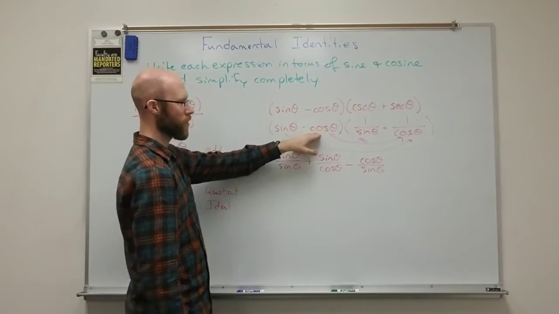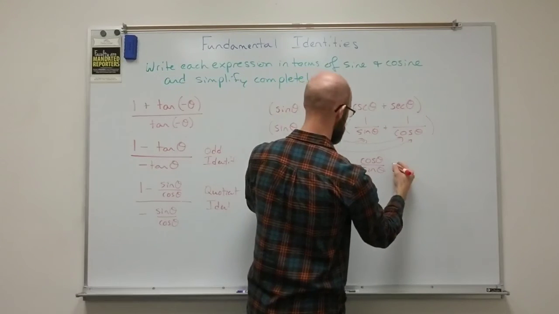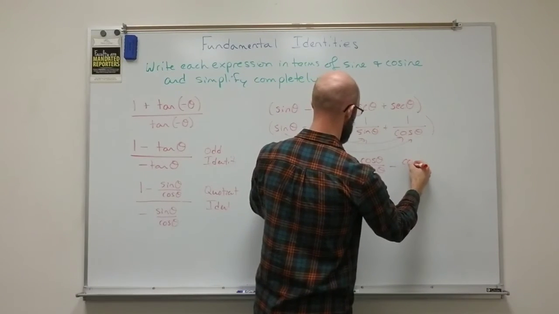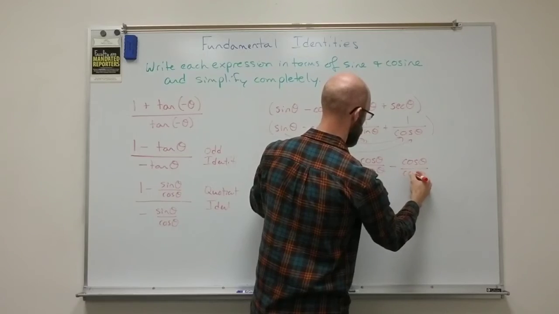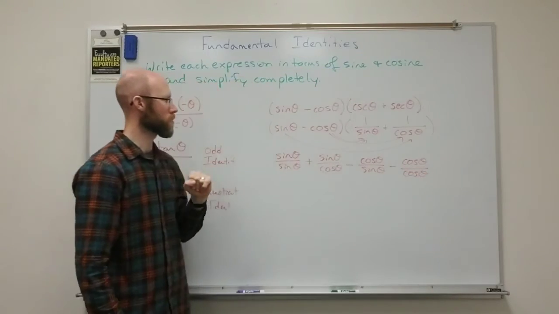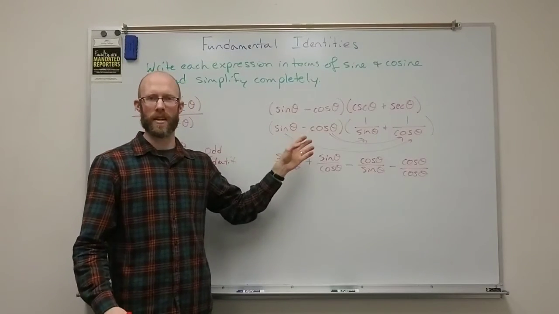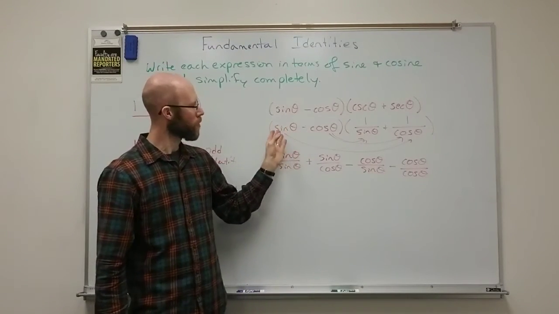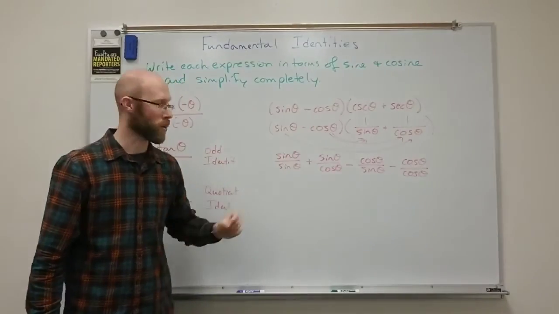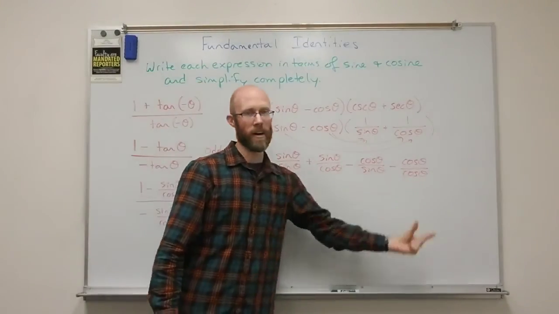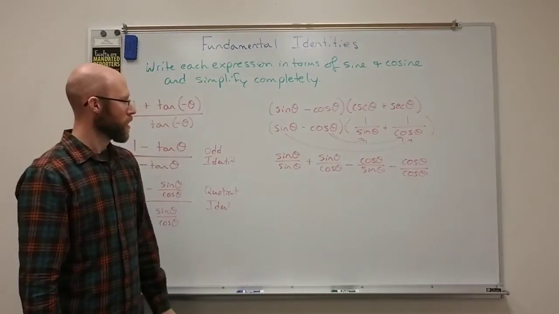And then I've got negative cosine times 1 over the cosine is a negative cosine over cosine. Right, so that gives me, it's kind of like the FOIL method, if you guys remember that. I hate using that term because it doesn't work when you have more than 2 terms, but it works here, FOIL, right, when you multiply those together.